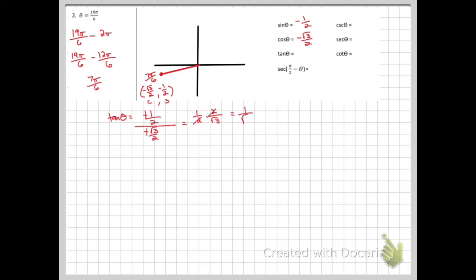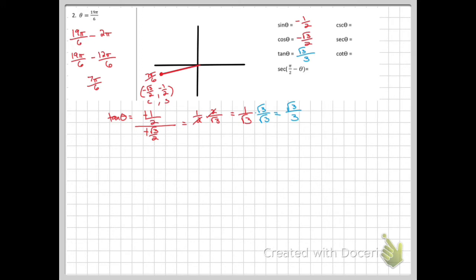I get 1 over root 3, but special triangles, root 3's and root 2's, are the one time you must rationalize. I can't leave it with a root 3 in the denominator, so I multiply by root 3 over root 3. I get root 3 over a regular 3. Chances are you will do that enough that you start memorizing reciprocals. Rationalizations. So tangent of theta is root 3 over 3.